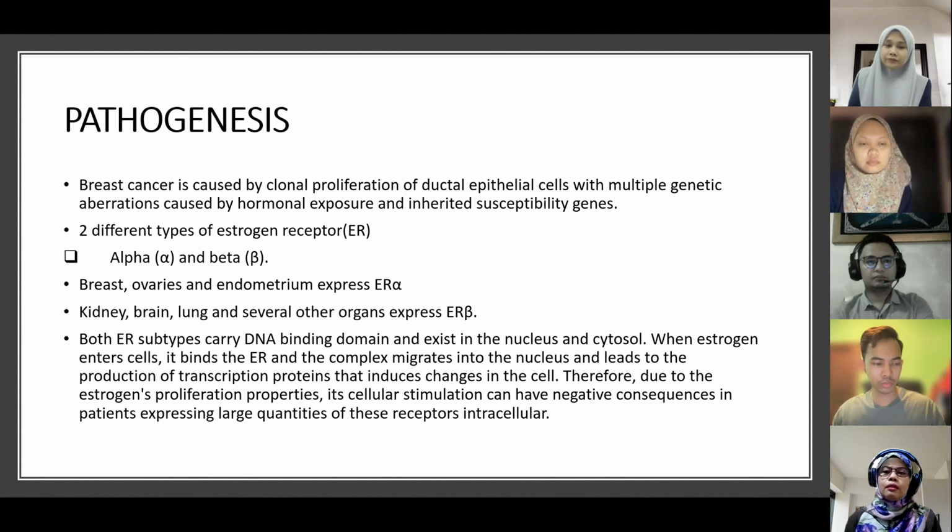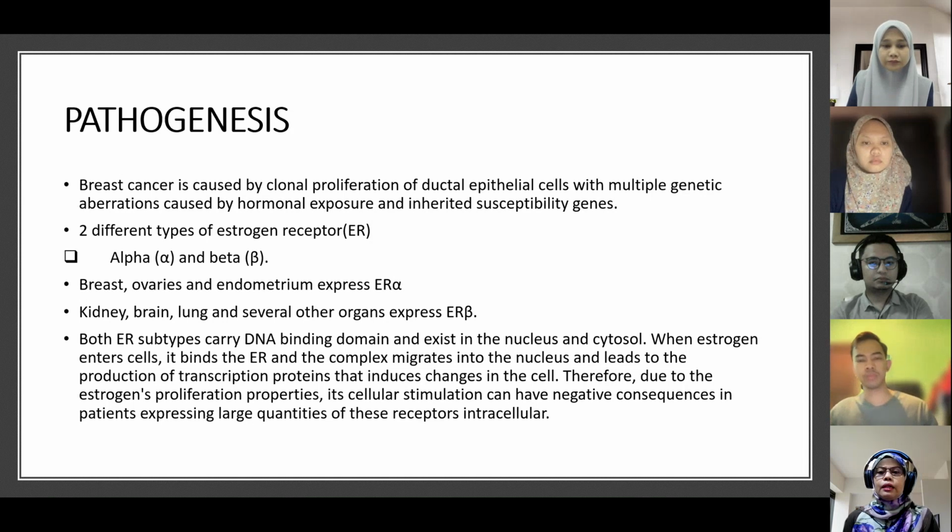Alpha estrogen receptor, we can find in the breast, ovaries, and endometrium, whereas beta, we can find in the kidney, brain, lung, and several other organs. Both estrogen receptors carry the DNA binding domain and exist in the nucleus and cytosol.